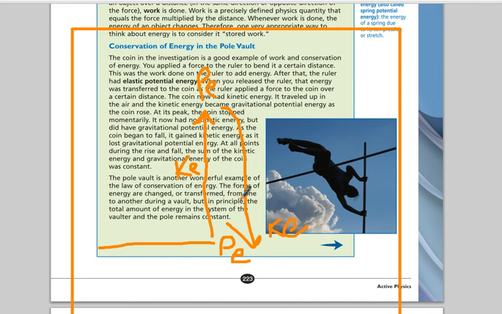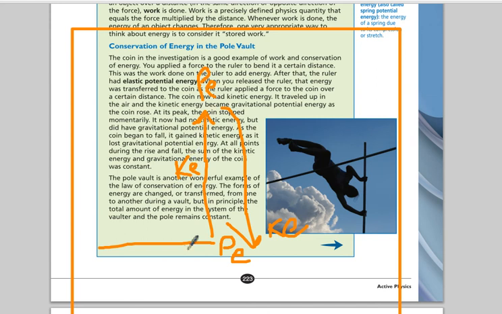But in our world, think about that ruler: whenever it's bent, some of the energy becomes thermal energy in the ruler. If you were to take a pen and bend it back and forth a bunch of times, you can feel the pen getting hot. When the quarter goes up, there's friction with the air, or air resistance, and that slightly heats up the air a little bit.